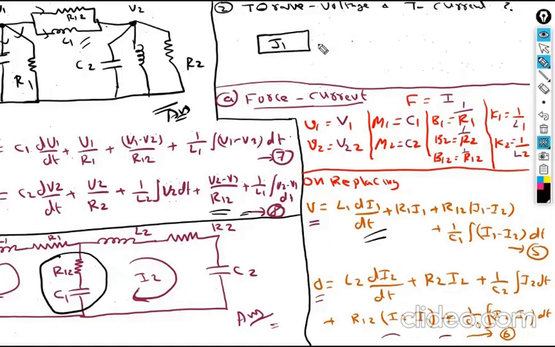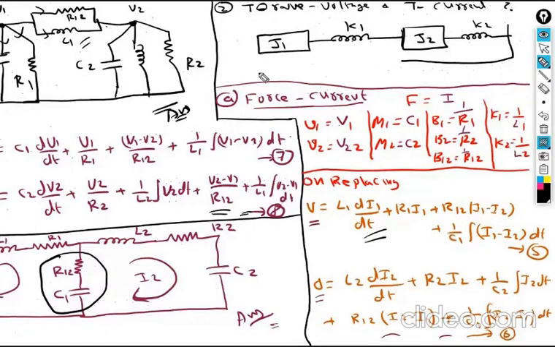J1, K1, J2, K2, and the remaining are all grounded. Let here be the input, that is torque T. Let here be theta 1, theta 2, all grounded here.